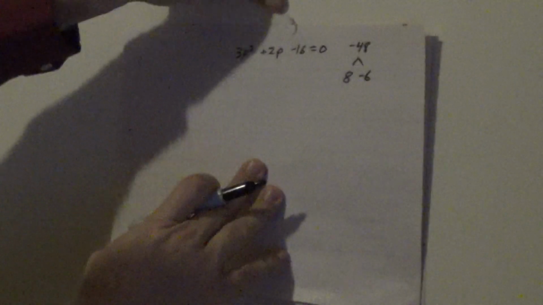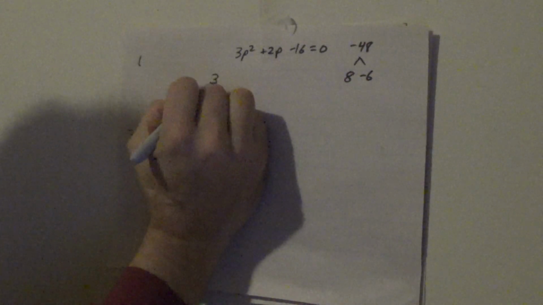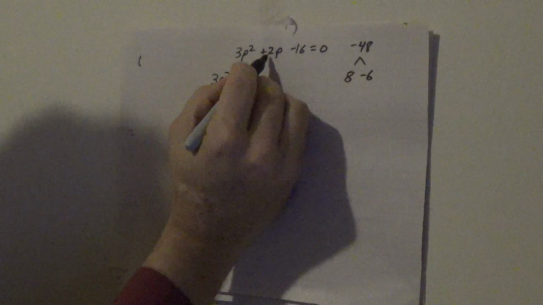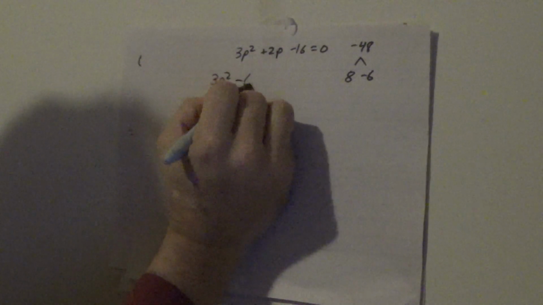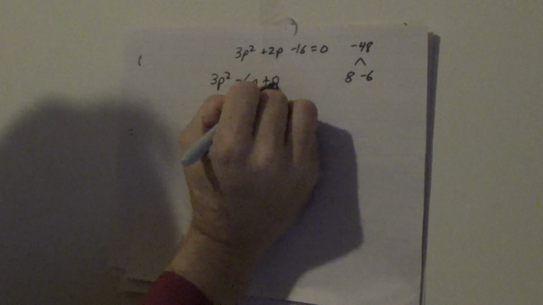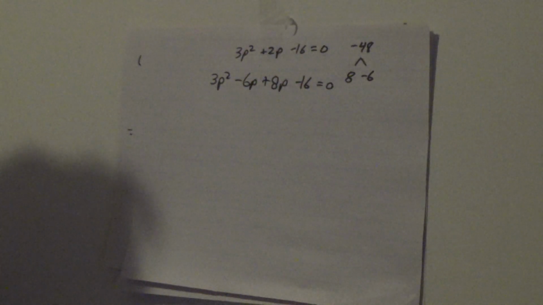All right. So let's see here. If we want to factor this, we'd have to take the 3p squared and replace the 2p with minus 6p plus 8p, minus 16 equals 0. Then I'm going to factor that by grouping.